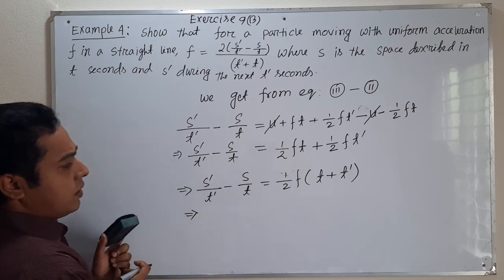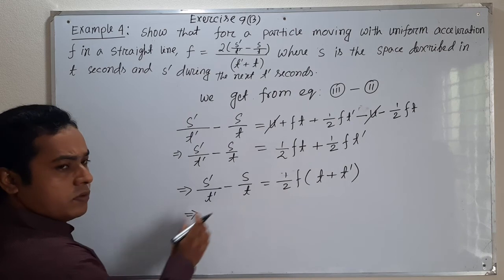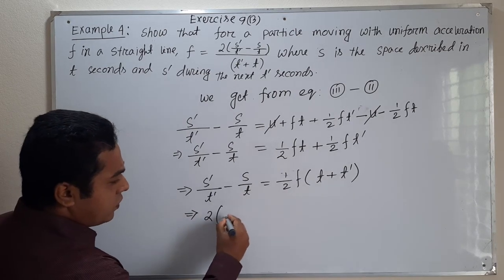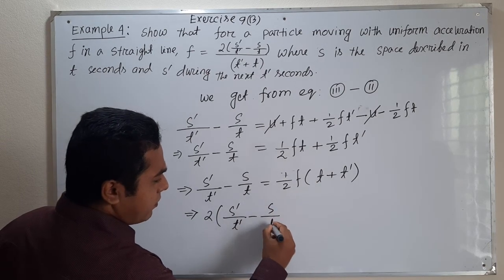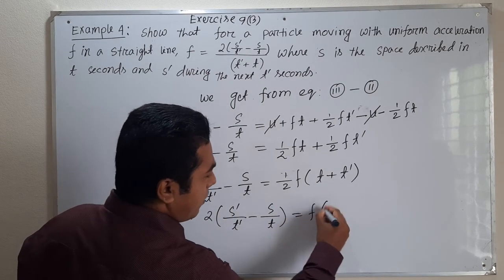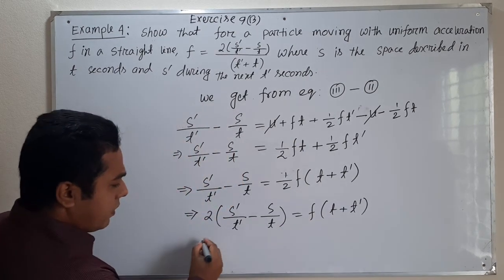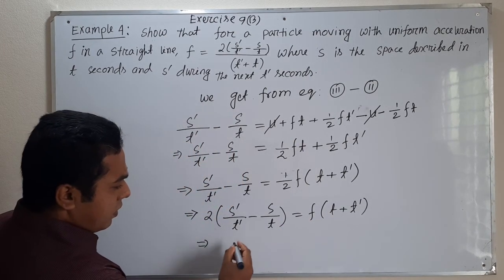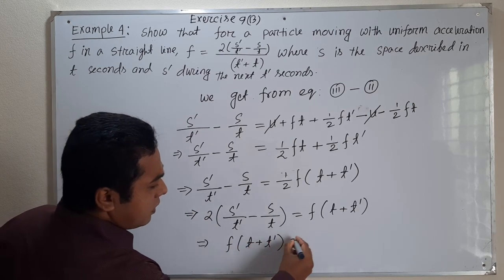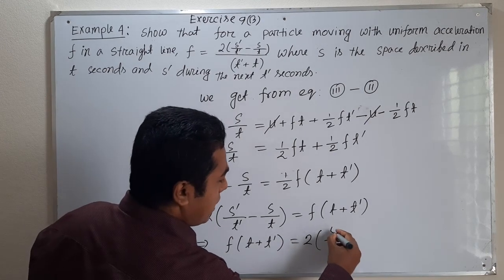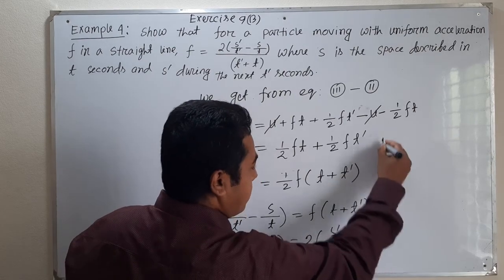Then this half transferred to the left-hand side gives 2 times s prime divided by t prime minus s divided by t is equal to f times t plus t prime. We need the value of f, so f times t plus t prime is equal to 2 times s prime over t prime minus s over t.